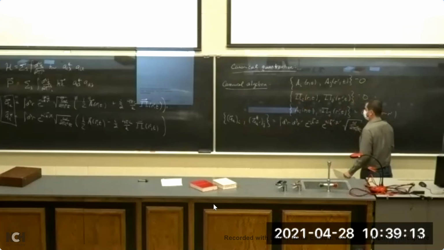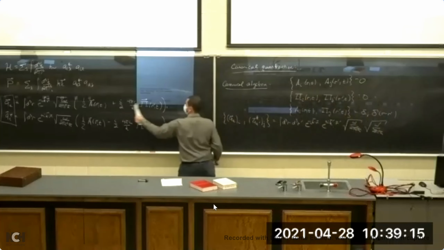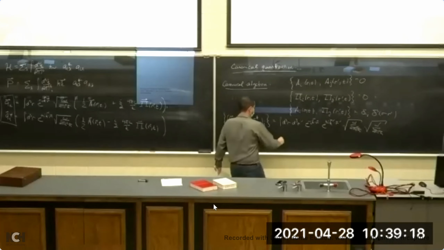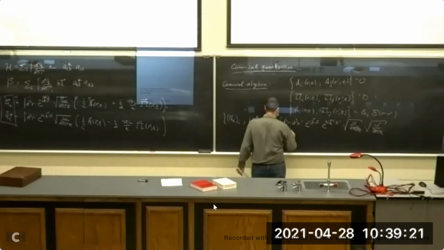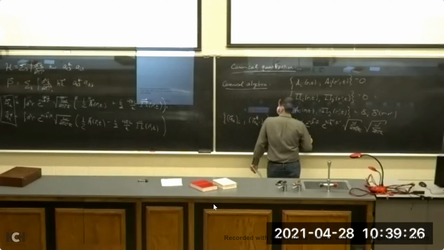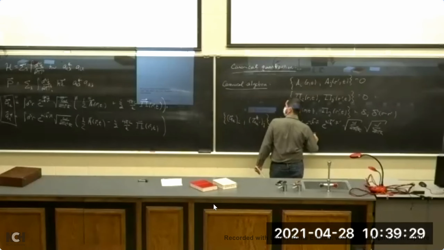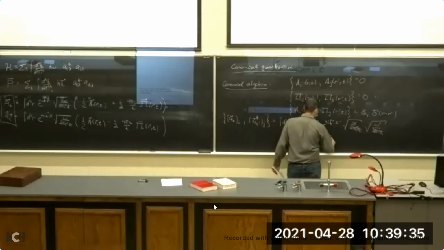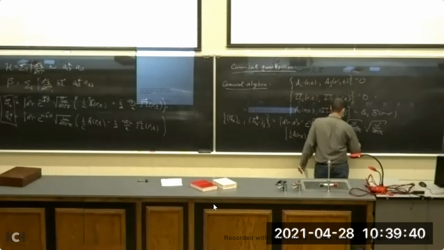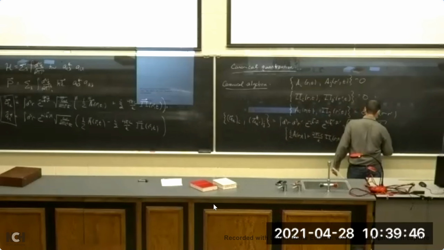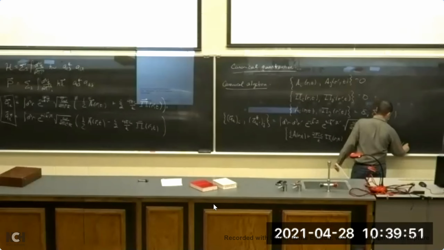And now the business end of this is the Poisson bracket of the combination of A's and pi's. So this is a Poisson bracket of 1/2 A_i of r and t plus pi_i c over k, pi sub i of r and t, Poisson bracket with 1/2 A_j of r prime and t minus 2 pi_i c over k, pi_j of r prime and t.